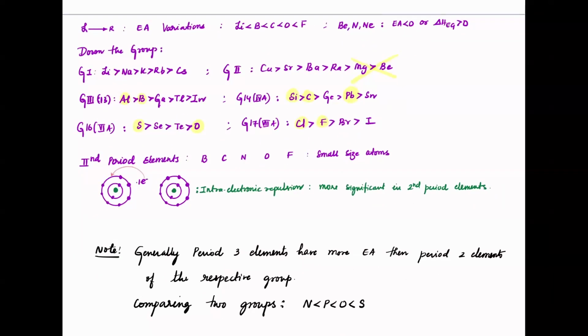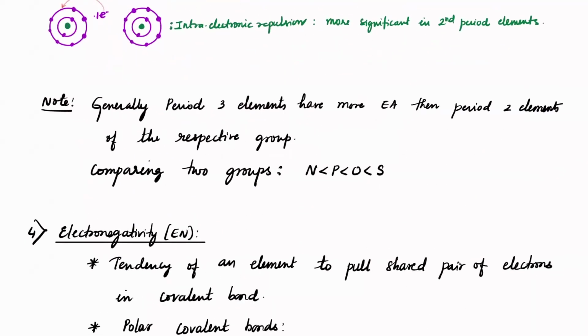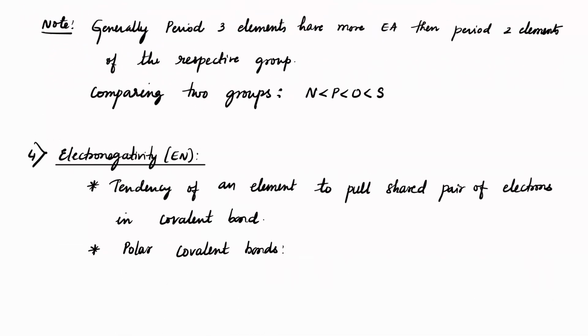Okay. Now, general comparison, if you notice, between nitrogen, phosphorus, oxygen, and sulfur, sulfur would have more, then oxygen, then phosphorus, then nitrogen. Of course, when it comes to nitrogen and phosphorus, they do not have a positive value at all. Electron affinity values are not positive here. Okay. Few more cases that you need to learn here.